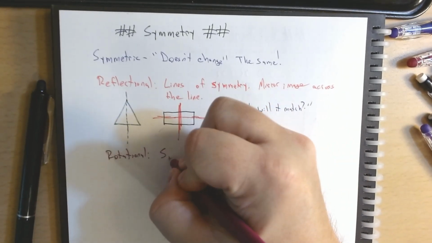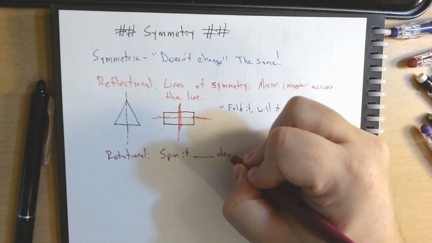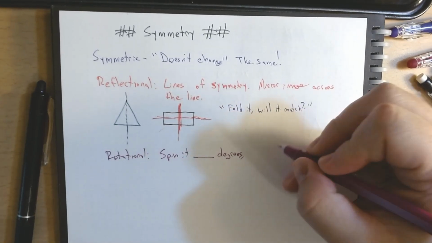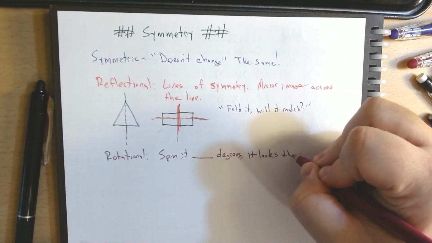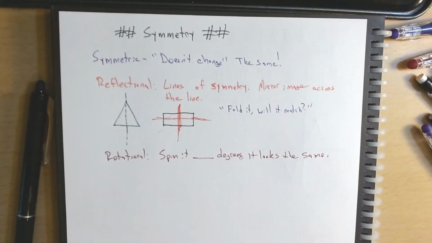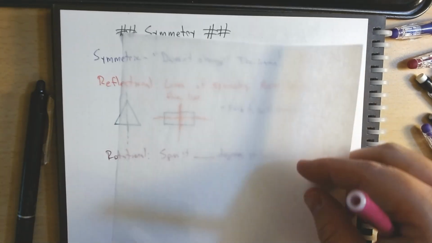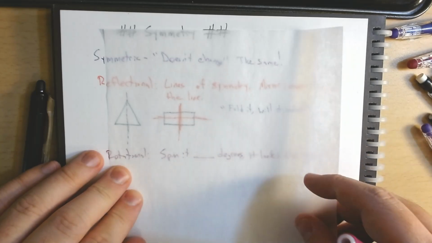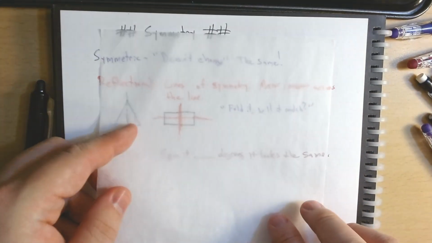That's where if you spin it a certain number of degrees and it looks the same. The easiest one to think about is usually a square. If you rotate it 90 degrees, it's still a square. 180 degrees, still a square. 270 degrees, still a square.